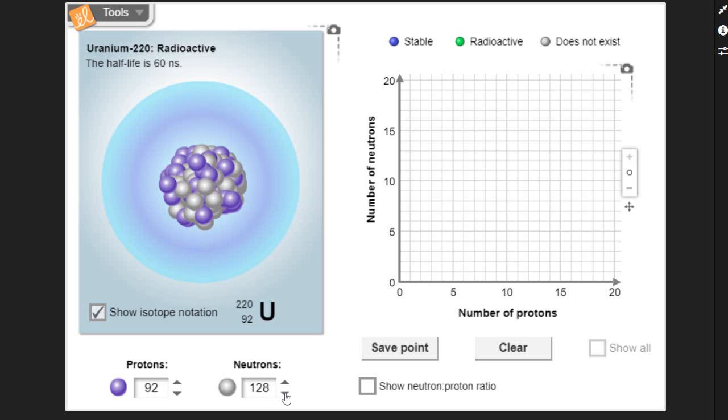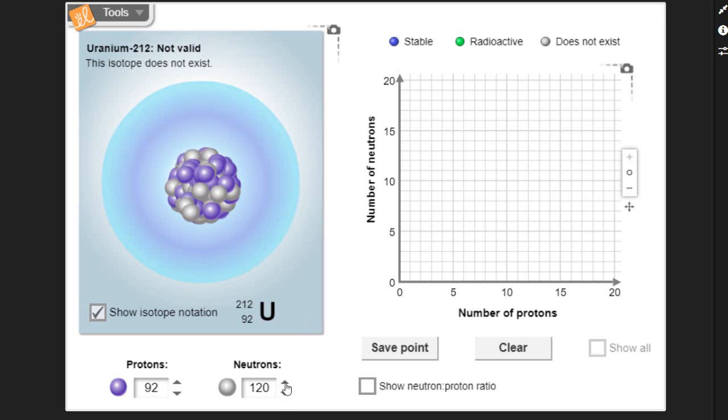I can keep going. Once it says not valid, it's not. It goes from 215 to, I don't remember how high up it goes. So each of these is a different isotope of uranium, and their half-life changes.